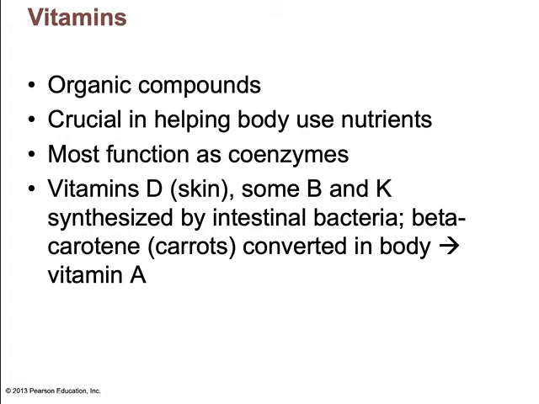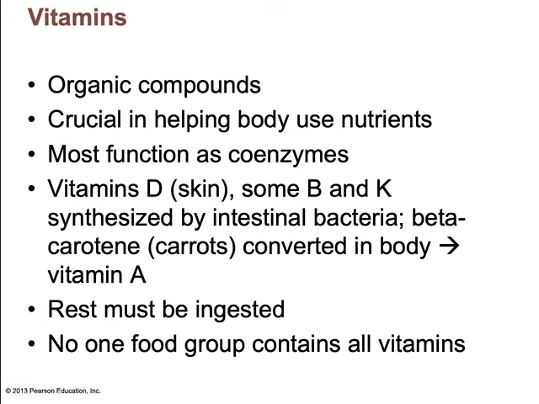Beta carotene, which we get from our yellow and orange vegetables, is converted into retinol, which is used in the rods and cones in the retina of the eye in order to convert light into electrical information that we interpret as vision. The rest have to be ingested. So we have to eat them to get them, and no one food group is going to have every vitamin in it.